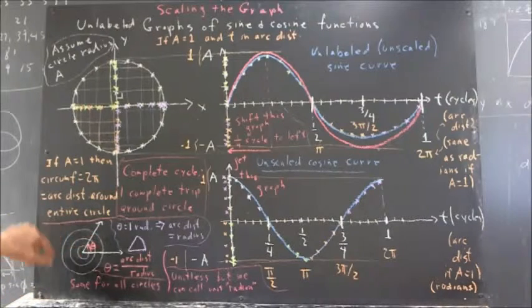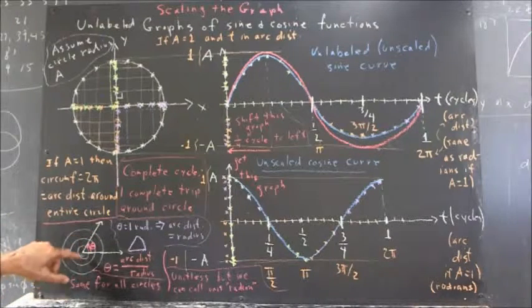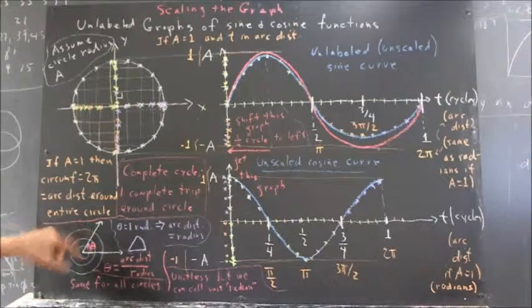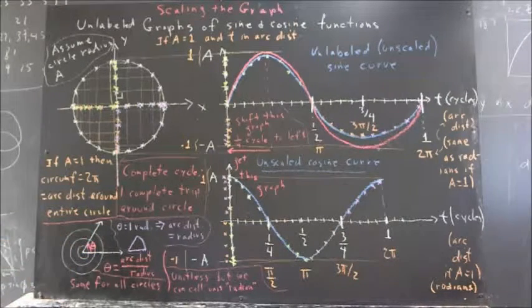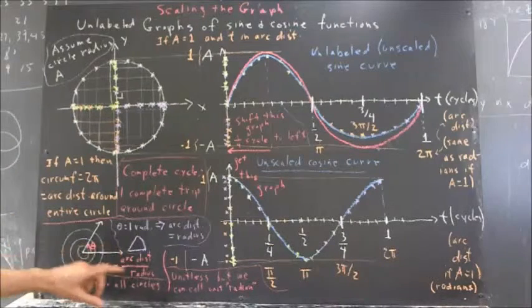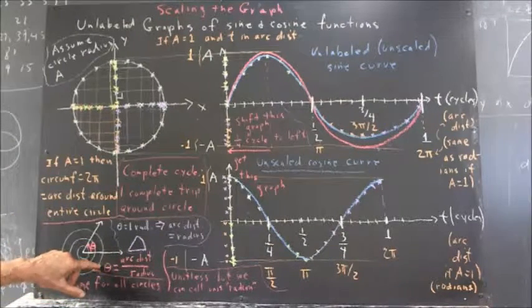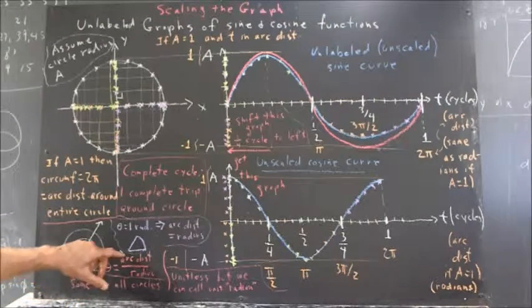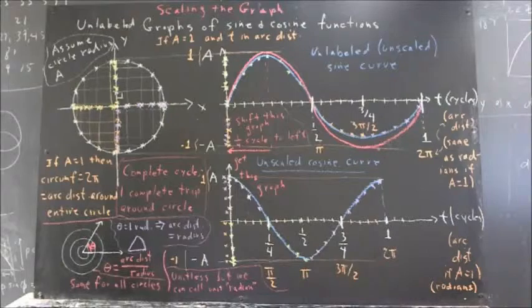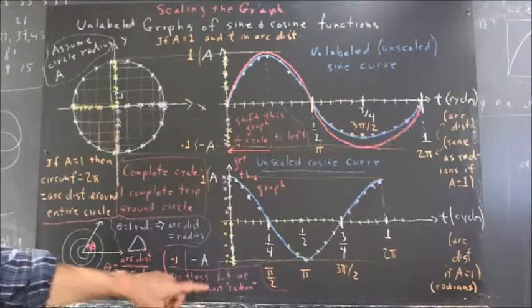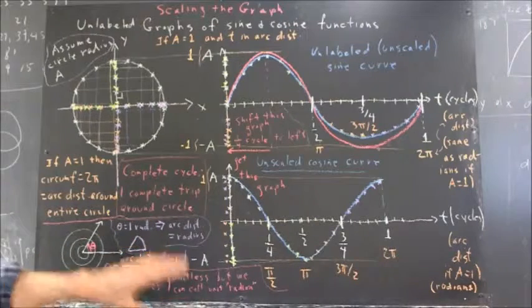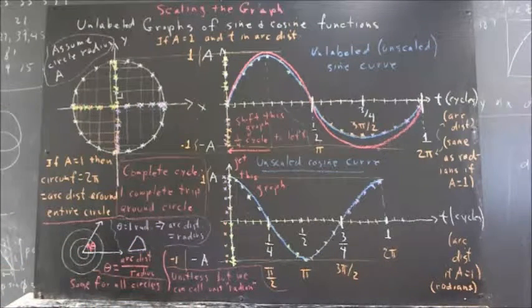If the outer circle has 3 times the radius of the inner circle, then this arc is going to be 3 times as great as the arc of the inner circle. So when we divide the arc distance by the radius, we always get the same thing. No matter how big the circle is, the angle is the arc distance divided by the radius, and we can give that result the unit radian, although the result is in fact unitless.